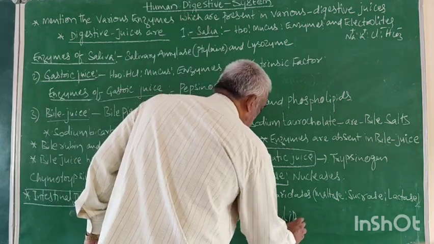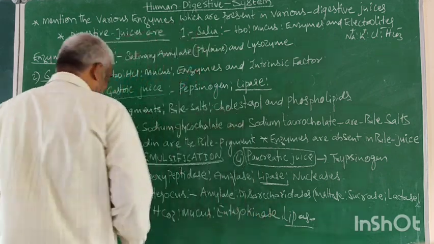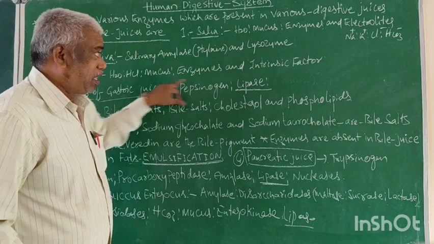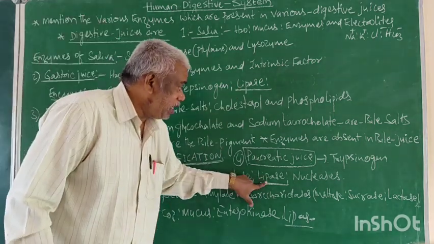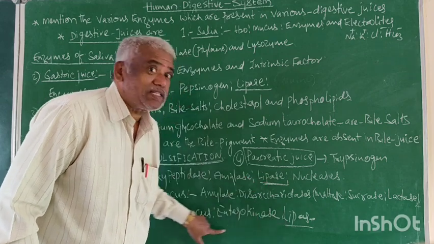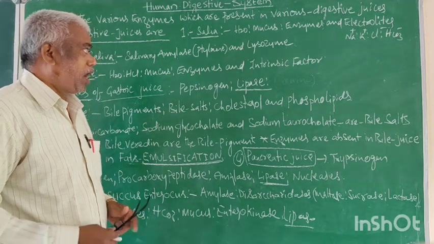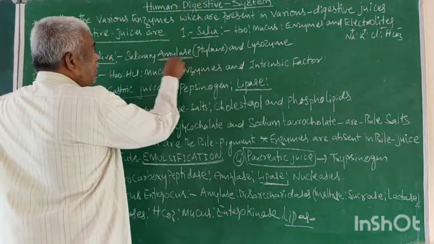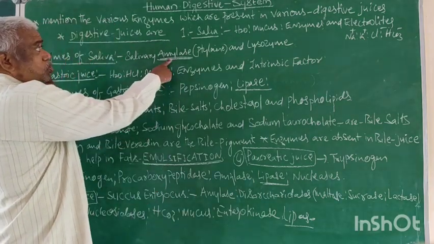Lipase is also present in intestinal juice. That means there is gastric lipase, pancreatic lipase and intestinal lipase. Keep in mind. Like this, amylase: which juice?